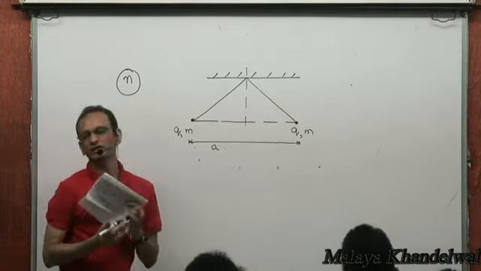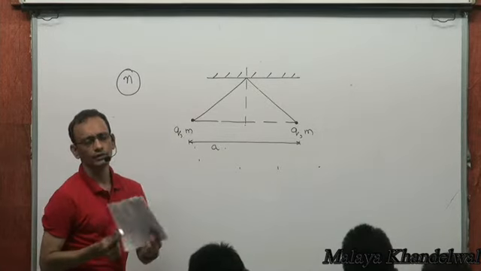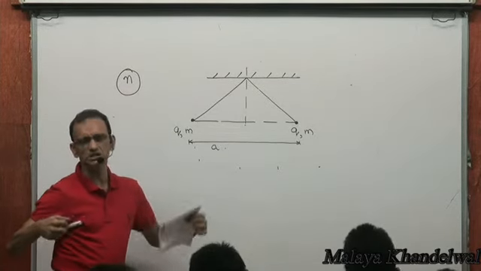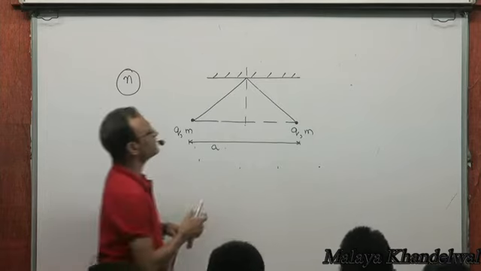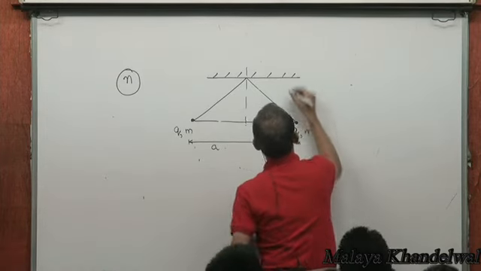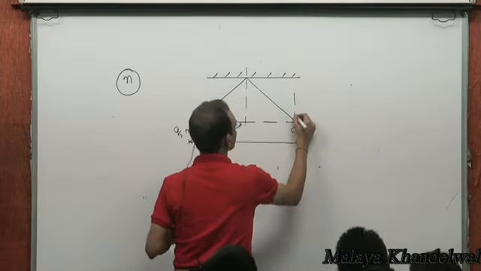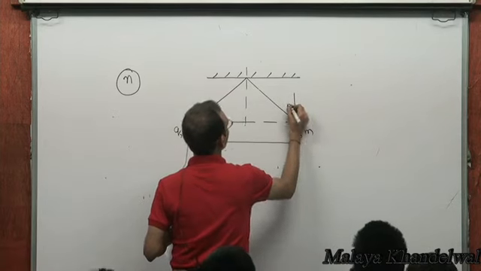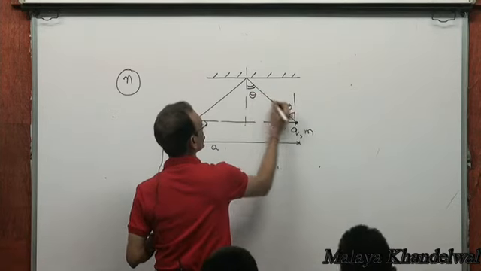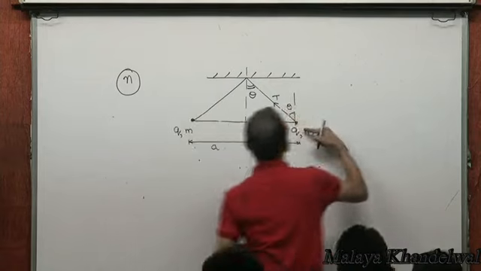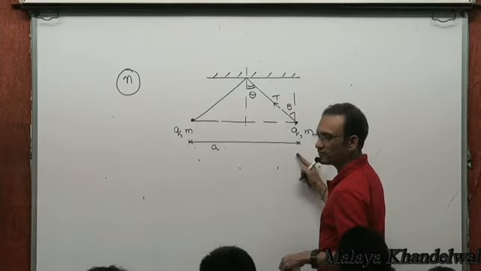Let me look at the equilibrium conditions for these. Very clearly, if I look at say this angle theta, if I look at the equilibrium of this, then T cos theta will balance the weight.